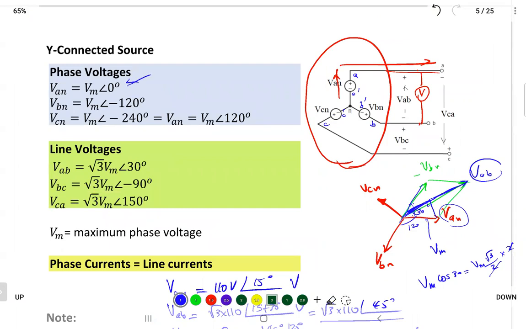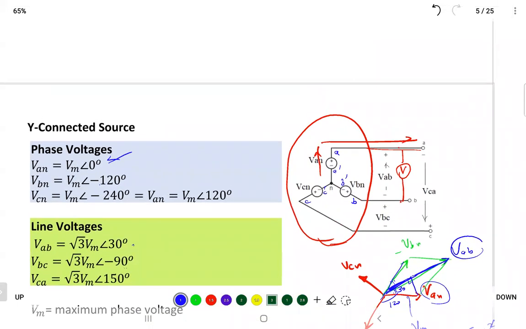When this was angle 0, that's 130. When this is negative 120, you'll find this minus 90. Even so, you don't have to confuse yourself: that's angle 0, that's negative 120, negative 240. Now CN is not given as negative 240, it's a different angle. So see the difference and adjust to it.